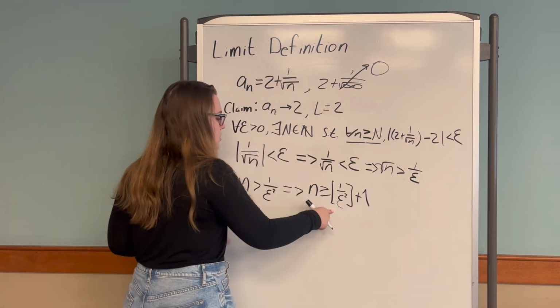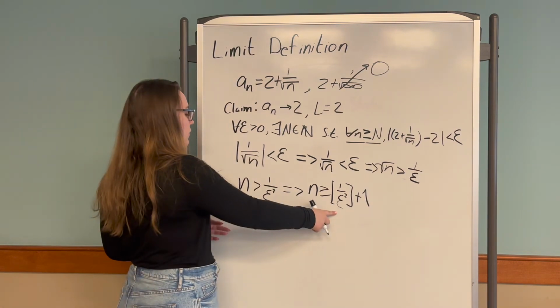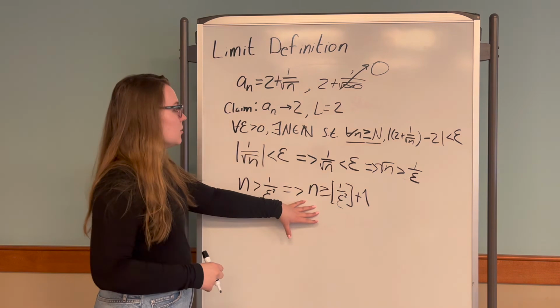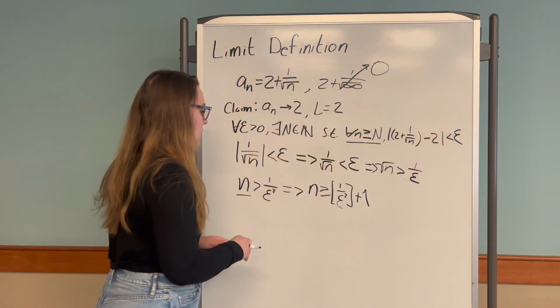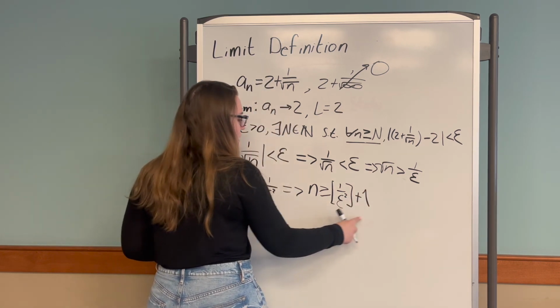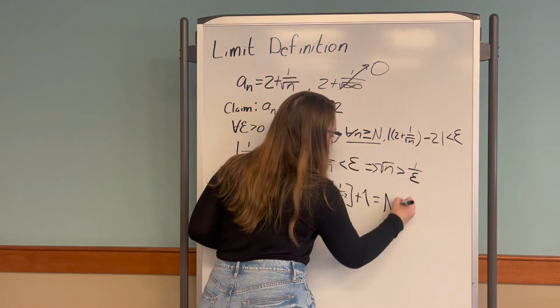And these brackets denote that we are taking the integer part of whatever this fraction is, because we are working with whole numbers, because n has to be a whole number. Now that we have n greater than some number, we can then set that equal to big N.